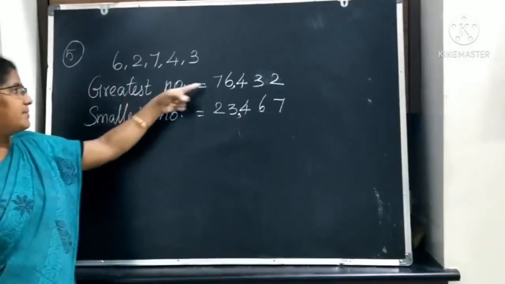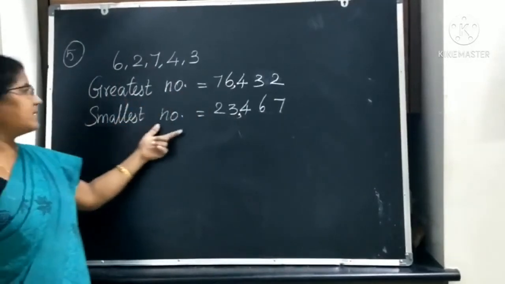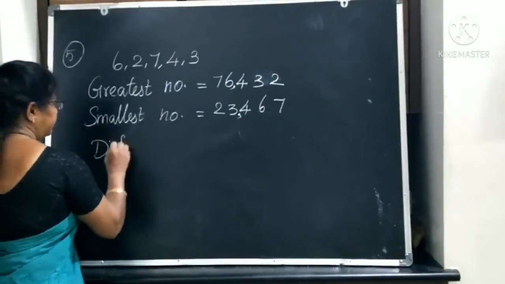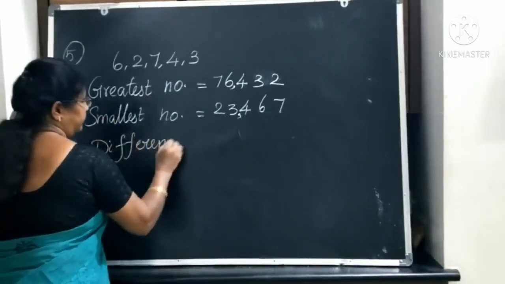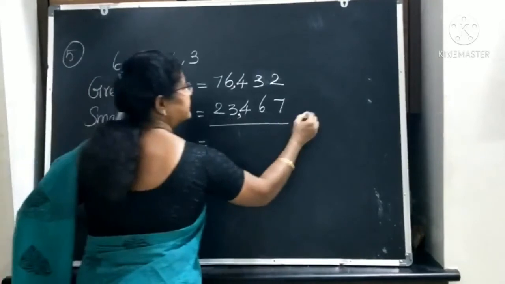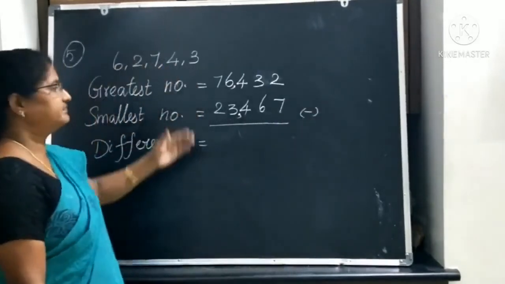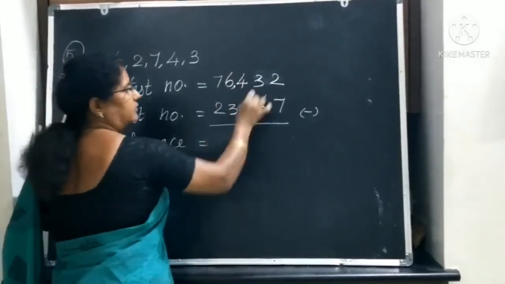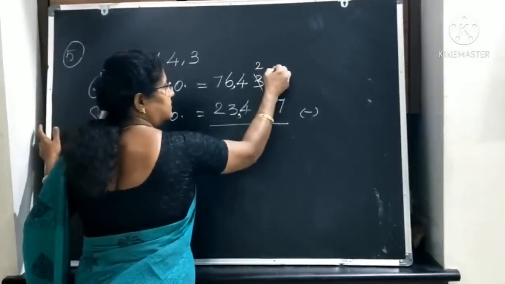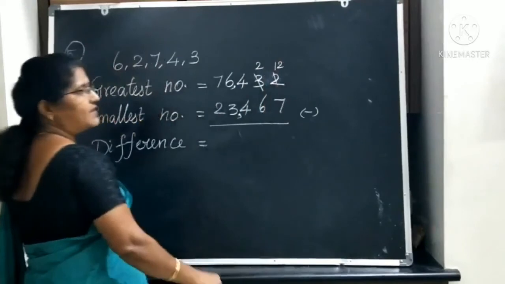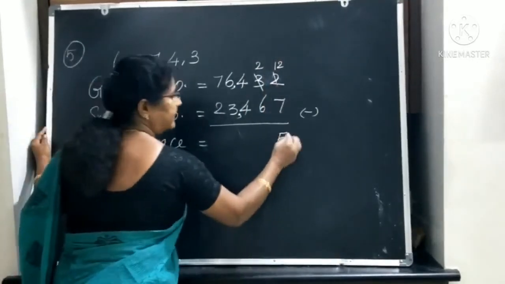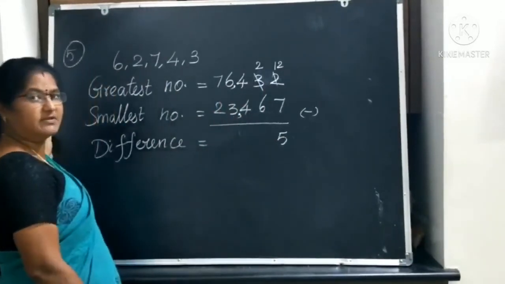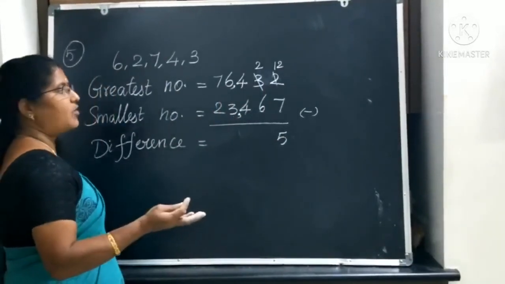The greatest number using the digits, smallest number using the digits. Find the difference between them. Difference means subtraction. Subtract. 2 minus 7. We can't. So borrow. When you borrow here, it becomes 2. This becomes 12. 12 minus 7, 5. Next. 2 minus 6. Can you subtract? 2 is smaller than 6.